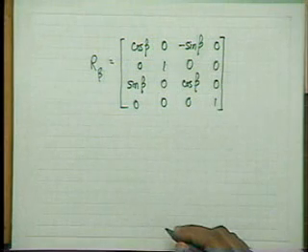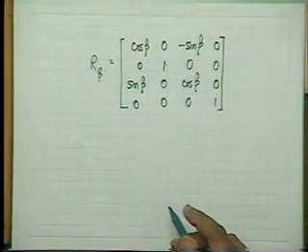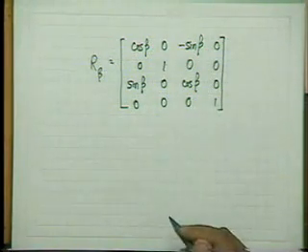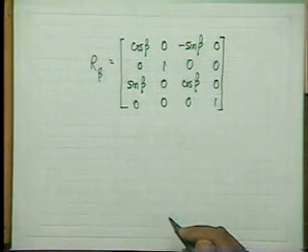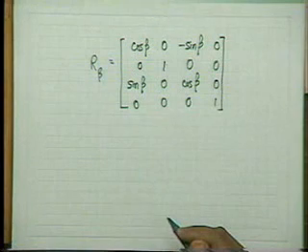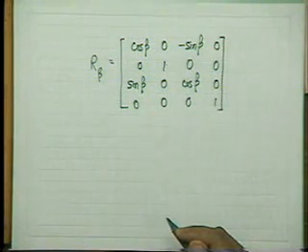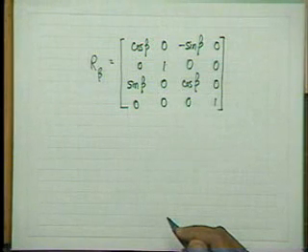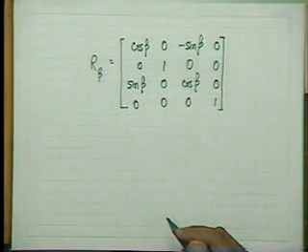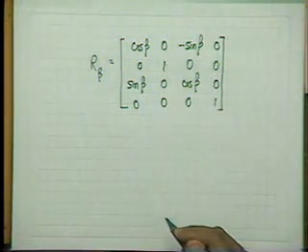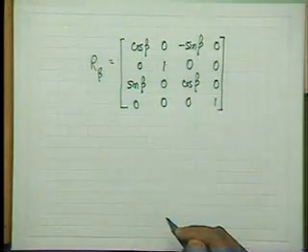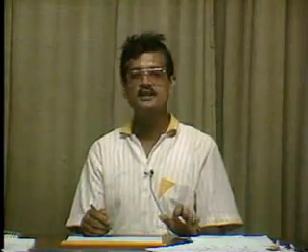Okay. Now very often we find that not only has an object undergone translation, but it has undergone rotation around z axis, around y axis, around x axis. Many of these things can happen together.